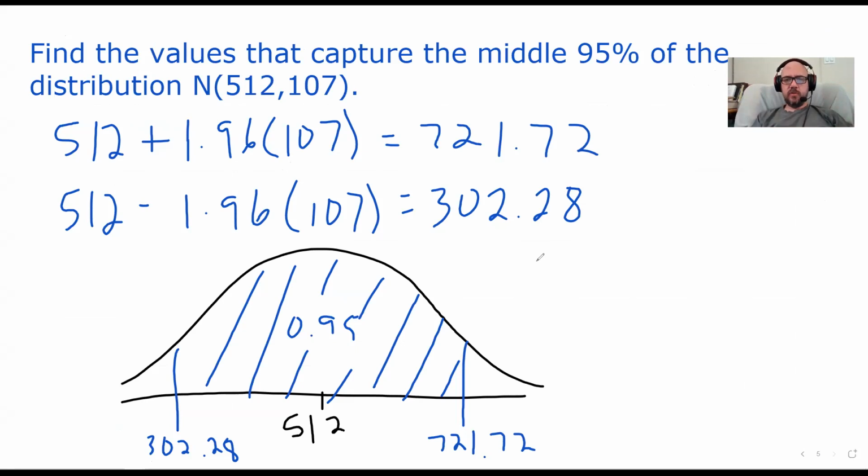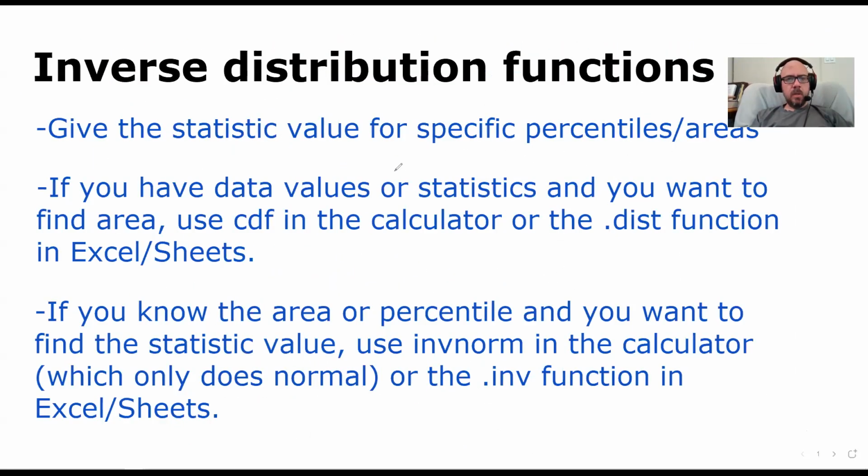So your inverse distribution functions will give you the statistic value that goes with a specific percentile or area. What we want is we're going to know the area, and we'll see why when we get to confidence intervals, and we're going to want to find the relevant statistic value.